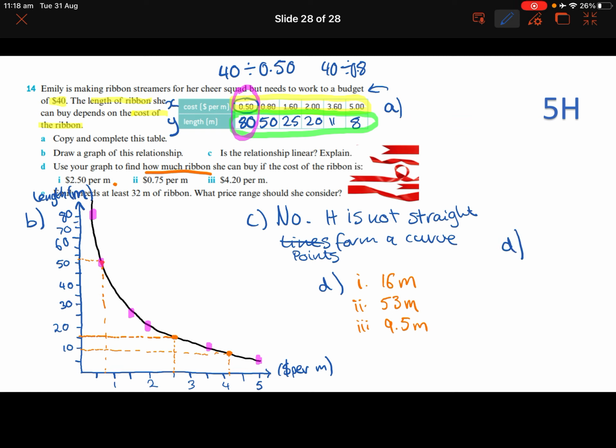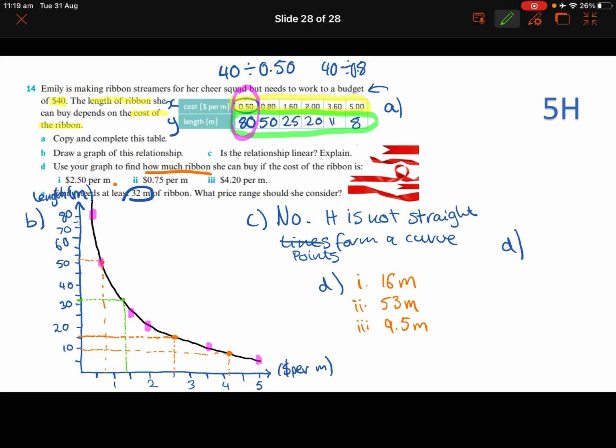And last one, D. Emily needs at least 32 meters of ribbon. What price range should she consider? So 32 meters. Let's have a look on our graph. Where's 32? About here. So let's go across to our line. Okay. And let's have a look at how much she needs to spend. So again, from my graph, it looks like just before $1.50.